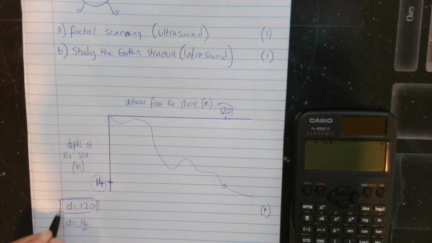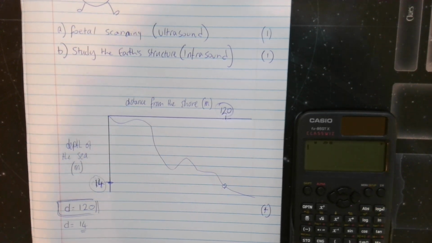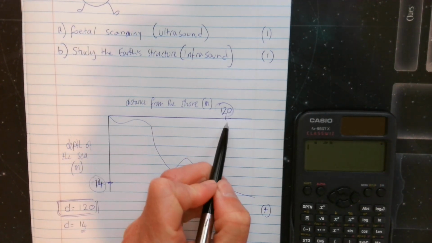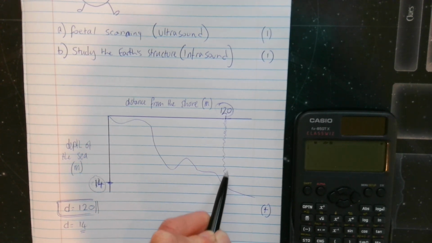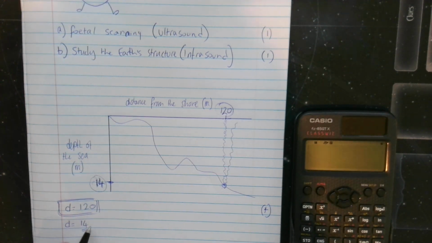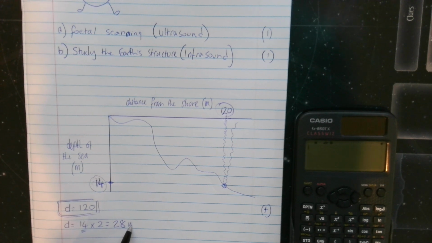So we could be thrown by that because you've got 2 distances. We're using that first one to read off this point here. Now, if we know about sonar, we know that the signal has got to go down and then back up again, right? So what we're going to have to do to the 14, we're going to multiply it by 2. So the actual distance that our signal has travelled is going to be 28 meters.